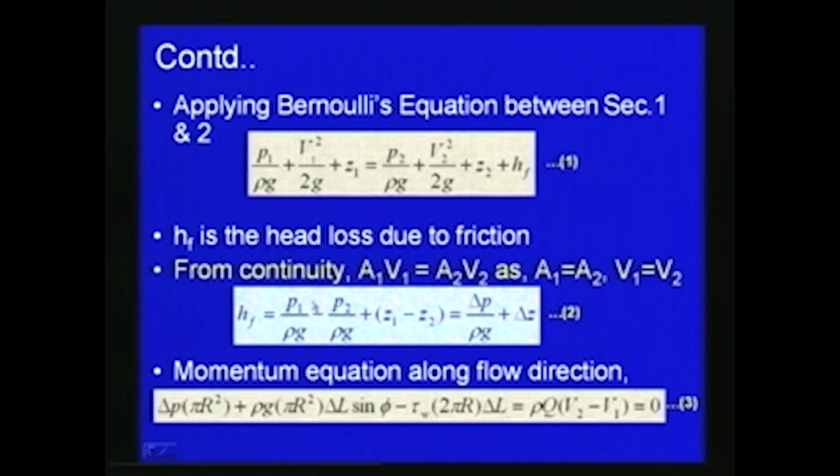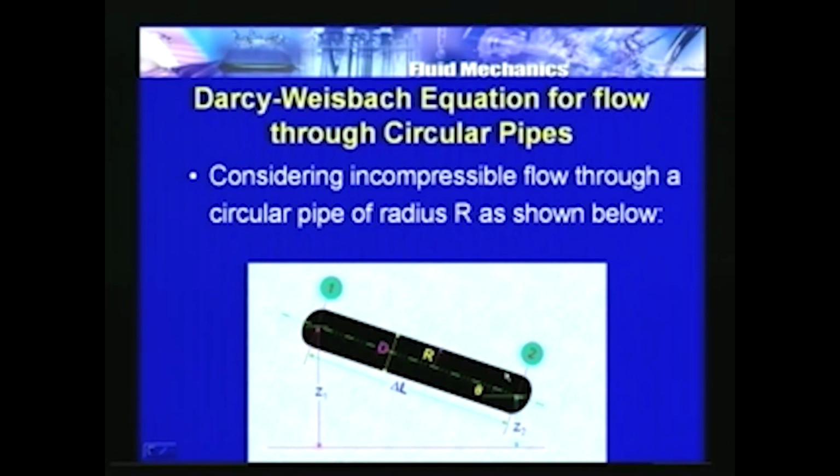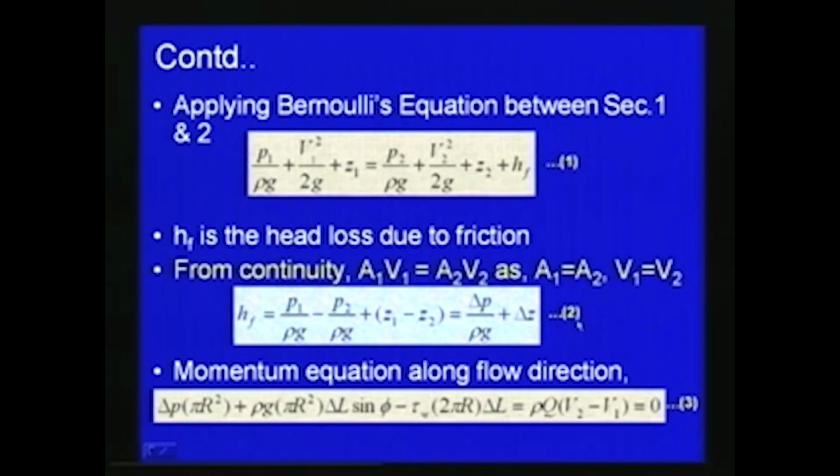If P1 minus P2 is the pressure difference delta P, then HF is equal to delta P by rho g plus delta Z, that means the datum head difference between section 1 and 2, as in equation number 2.